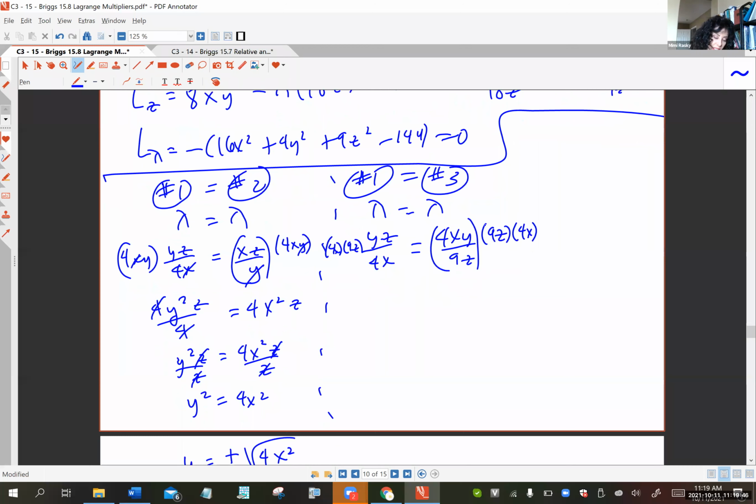Reducing. Let's see, I got my 9's canceling here, and I got my z's canceling here. And then on this side, I got 4x's canceling. So what do I have? That's pretty bad. I got 9yz squared on the left. I got 16x squared y on the right.